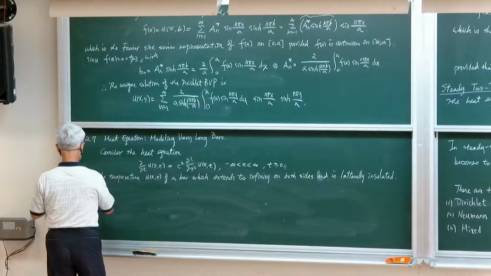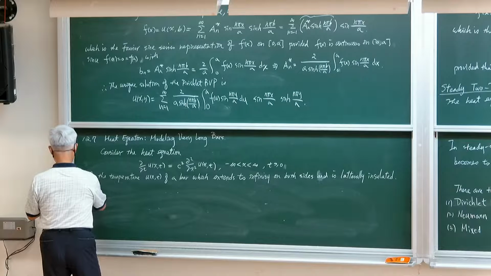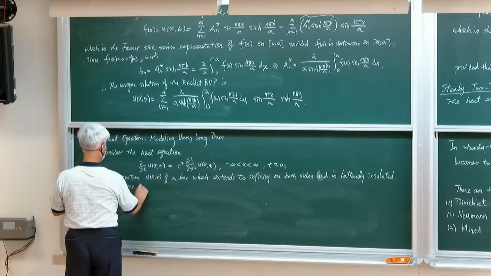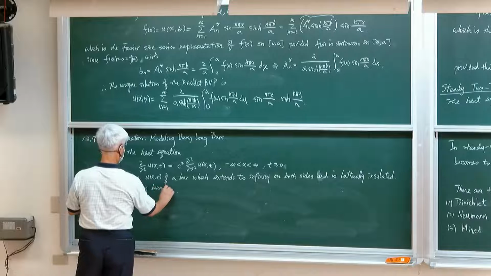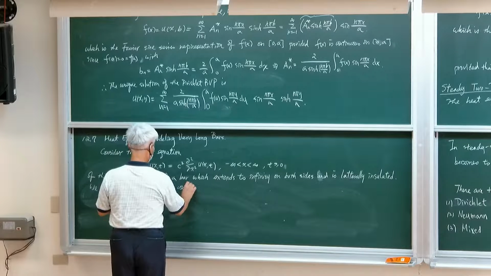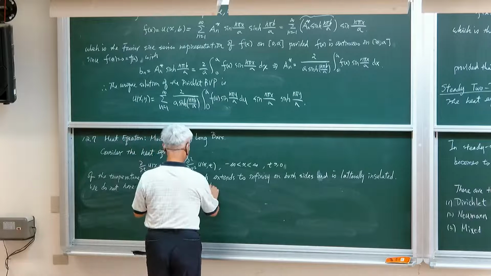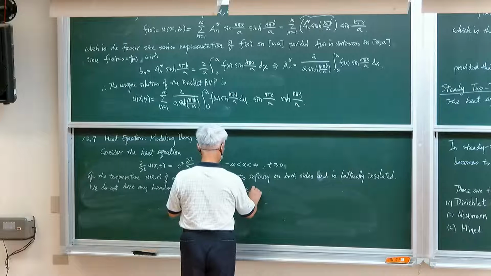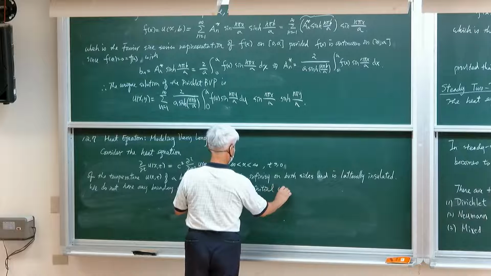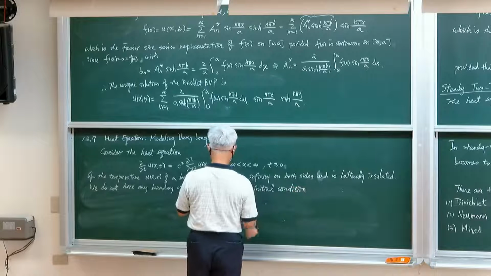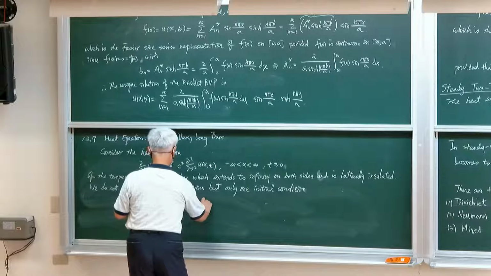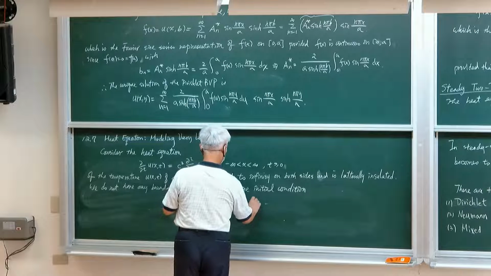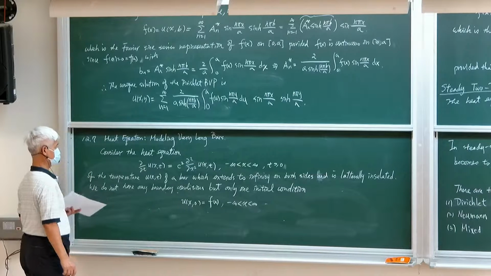So we do not have any boundary conditions, but only one initial condition: U of x, 0 is equal to f of x for all x in the real line.